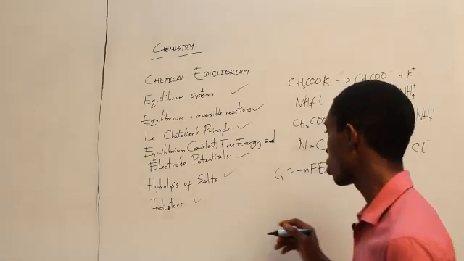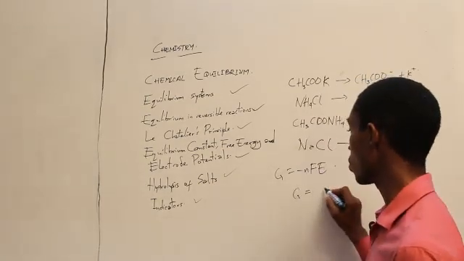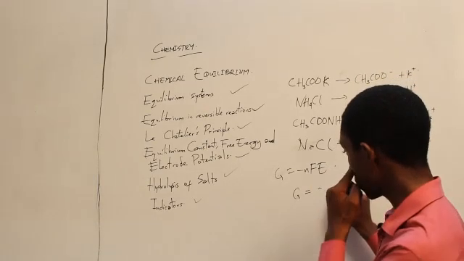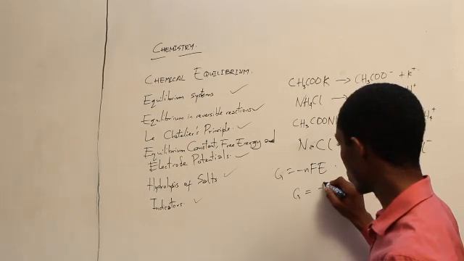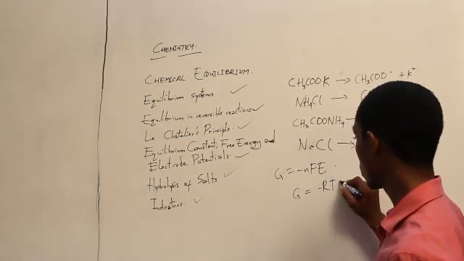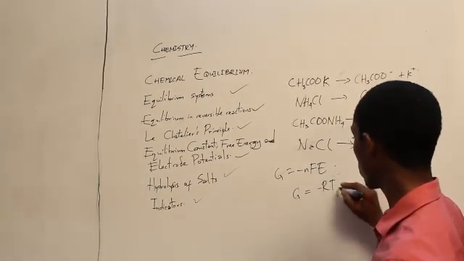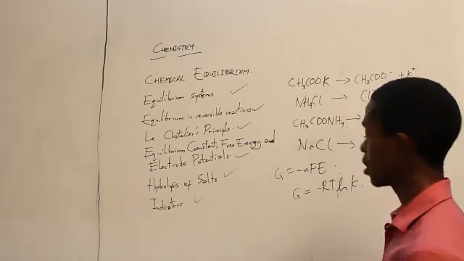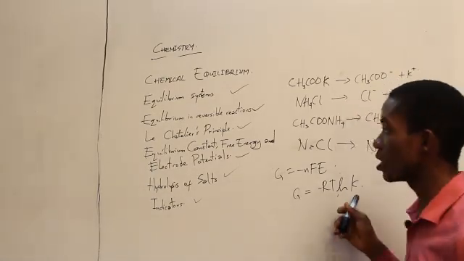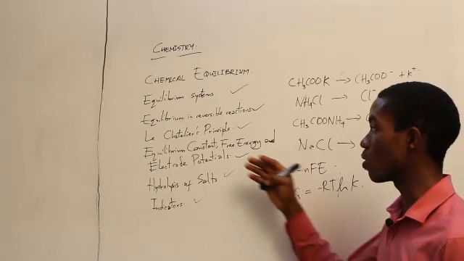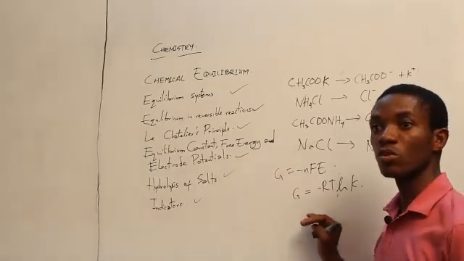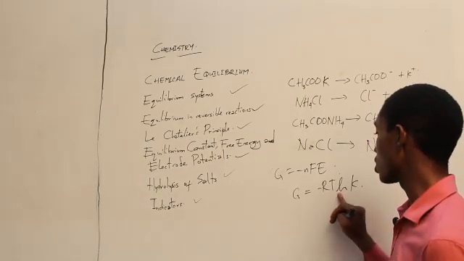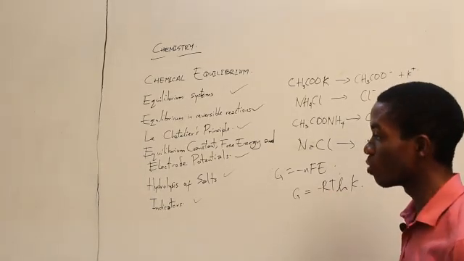We also mentioned earlier that G is equal to minus RT ln K, where K in this expression is our equilibrium constant, R is the gas constant, and T is the temperature of the system.